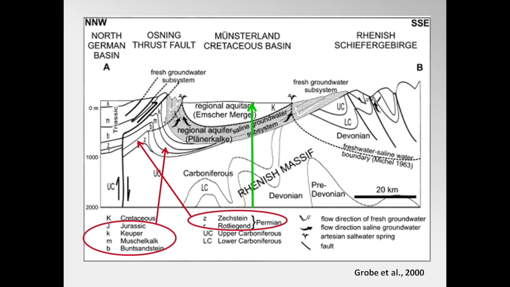In support of that idea, this cross-section shows the Münsterland Cretaceous Basin, or MCB, where the Münsterland 1 well is located, as shown schematically by the green arrow. The red ovals show Upper Permian through Middle Jurassic strata present in the northern part of the MCB, but pinching out depositionally toward the south.